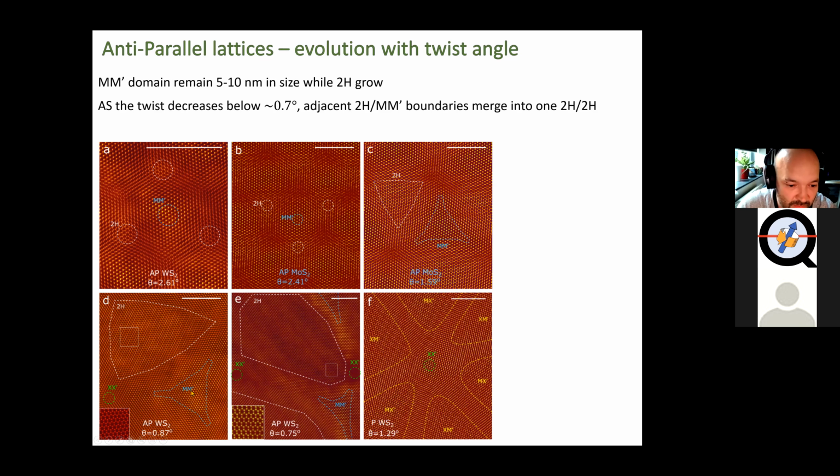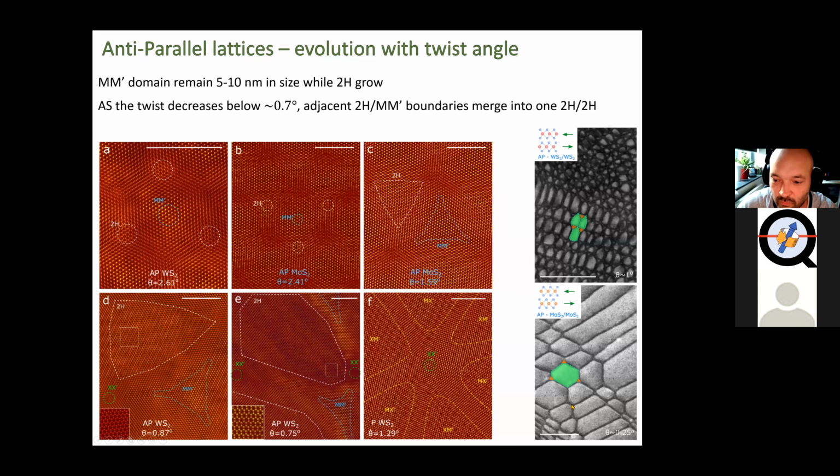It would always remain around, say, 5 to 10 nanometers in size. So eventually, when you have a nearly zero twist angle, the sample would be primarily 2H stacking with tiny seeds of these domains for every odd vertex. So it's like hexagonal domains now with tiny triangles at the top.